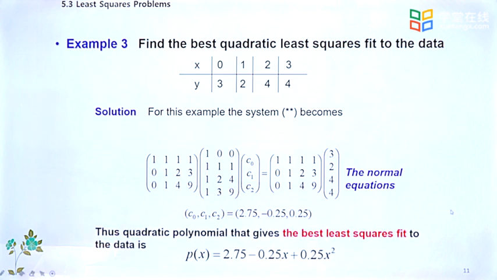The best quadratic least squares fit is this quadratic polynomial: p of x equals C0, 2.75, minus 0.25 times x, so here is C1, plus C2 times x power 2, where C2 is 0.25. So we get the best quadratic least squares fit.